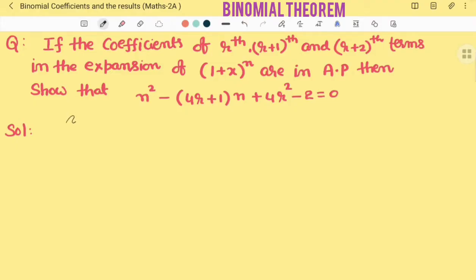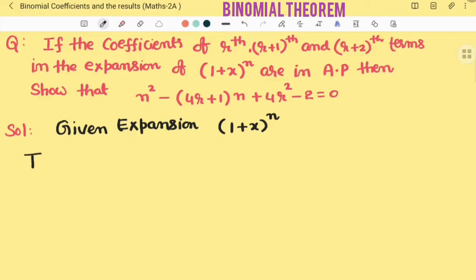First of all, the given expansion is (1 plus x) whole power n. In that expansion, the coefficient of rth, r plus 1th and r plus 2th terms. First you have to write the terms.